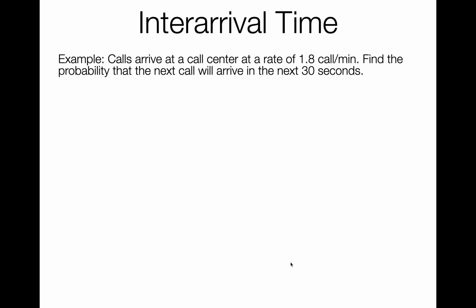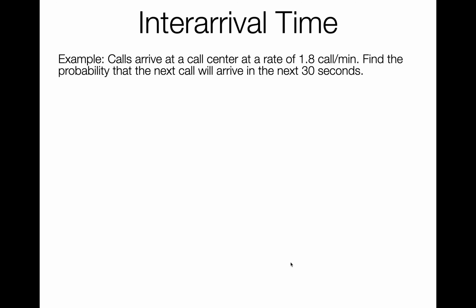There it was a counting process, so we were dealing with discrete things, and so we were counting up probabilities. But here we're dealing with continuous things, and so to find probability for continuous random variables, what we need to do is integrate over the PDF to find a probability.